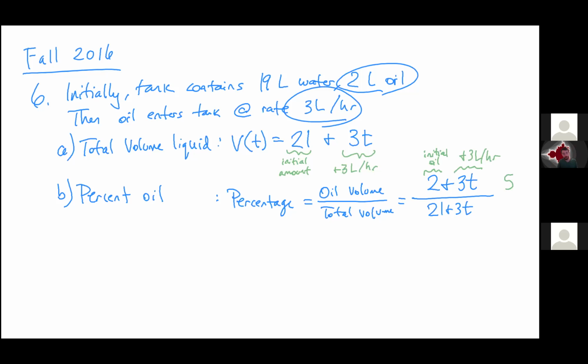And that should make sense because after an hour, 3 liters have been added to the 2 liters we started with. And yeah, the total volume has increased that much as well. Does that part make sense now? Yes. Awesome.